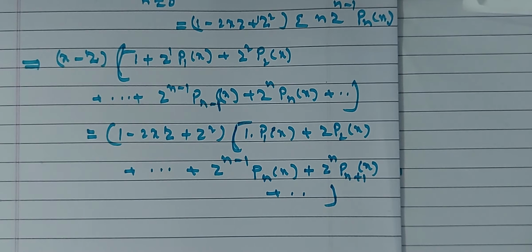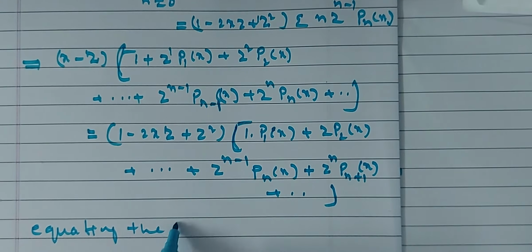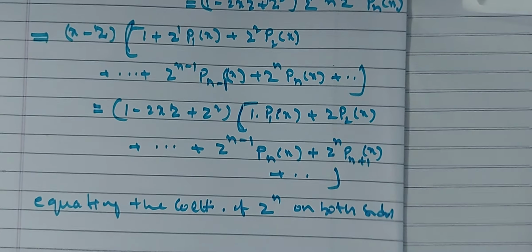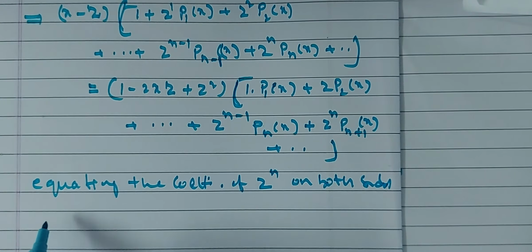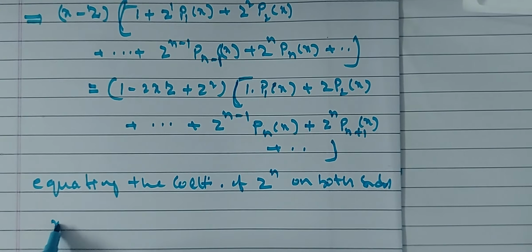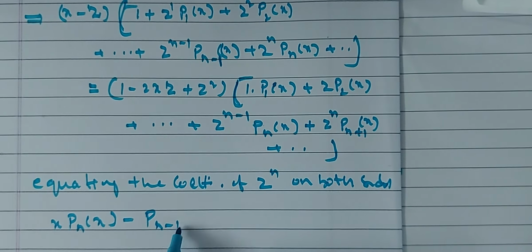Next, equating the coefficient of z power n on both sides. Left side: x into Pn of x minus P n minus 1 of x.